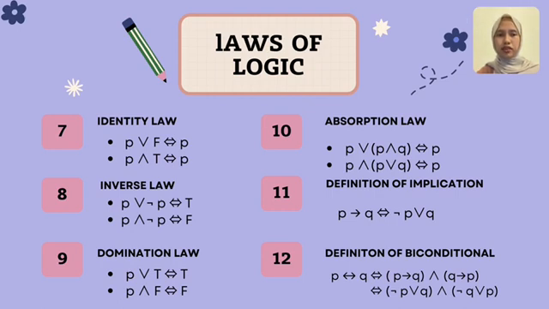P implies Q is equivalent to the negation of P or Q. Last but not least, definition of biconditional. P if and only if Q is equivalent to P implies Q and Q implies P, which is equivalent to the negation of P or Q and the negation of Q or P.